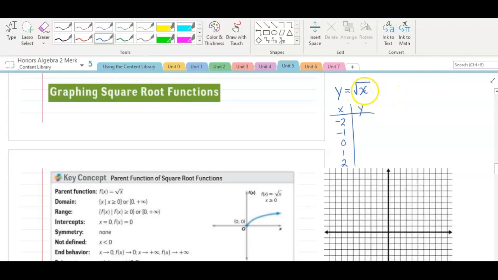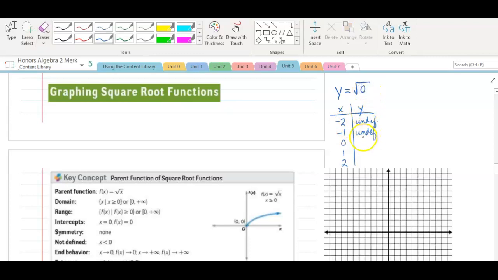Well, if I put a -2 in for x, I can't take the square root of -2, so I would just say undefined. Same thing for -1. We can't take the square root of -1 and get a real answer, so undefined. That means I can't graph these points.